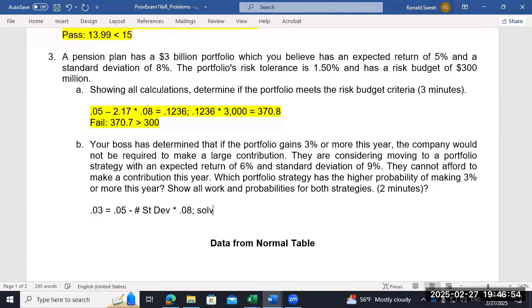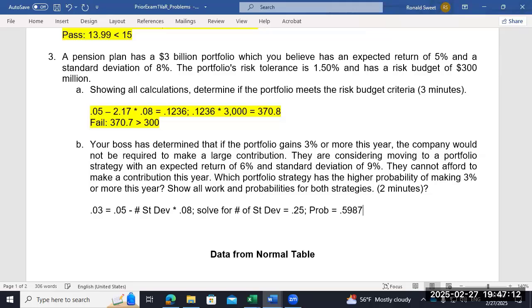And then you solve for the number of standard deviations, all right. I got 0.25 standard deviations. The probability was what? 5987. Well, we'll just keep it at that, all right.